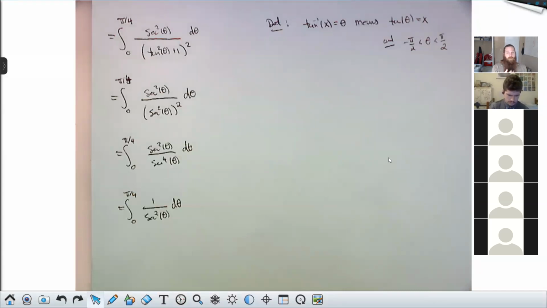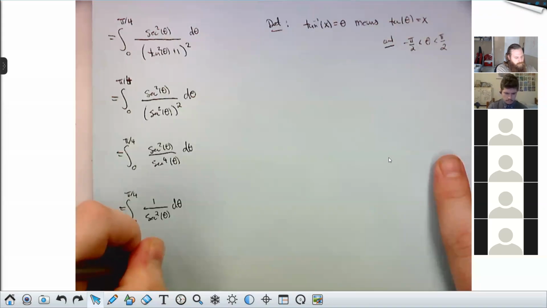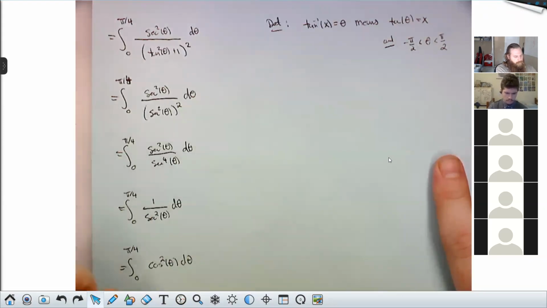Cosine? Yeah, I rewrite it as cosines, right? 1 over secant is cosine, just like 1 over cosine is secant. So this is the integral of cos squared theta d theta, which I do using a half angle identity. That's 1/2 integral 0 to pi over 4, 1 plus cos 2 theta d theta.